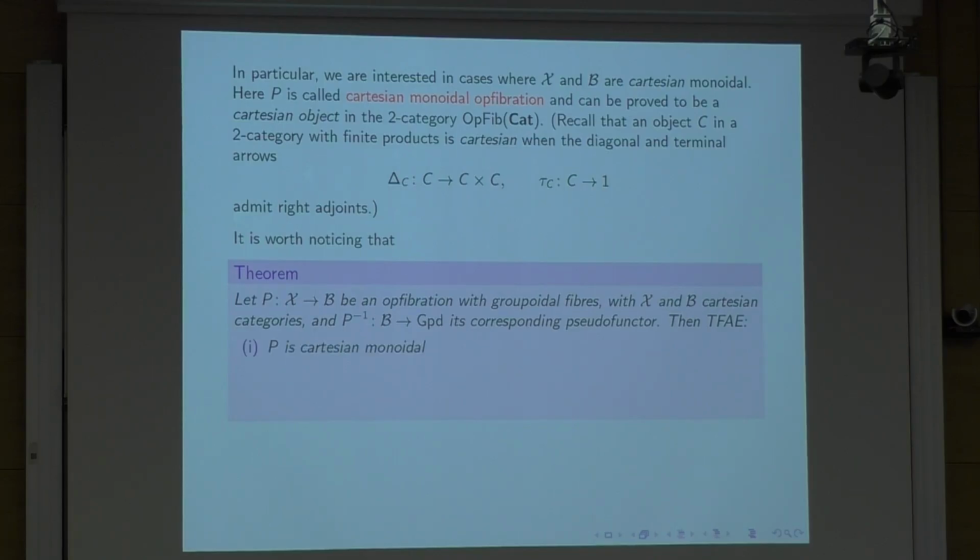What you get is that P is Cartesian monoidal even only if P preserves finite products, in the sense that you should ask also for binary products of co-Cartesian maps to be still co-Cartesian, but in this case, with groupoidal fibers, every morphism is co-Cartesian, so you don't need the second condition.